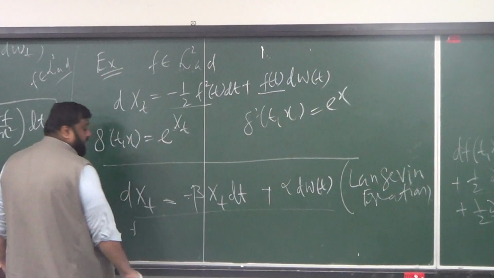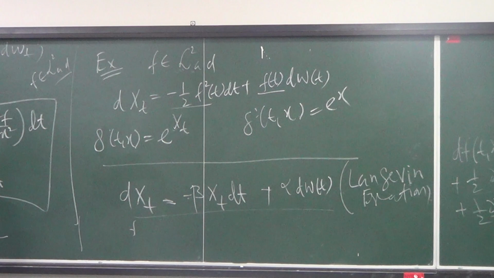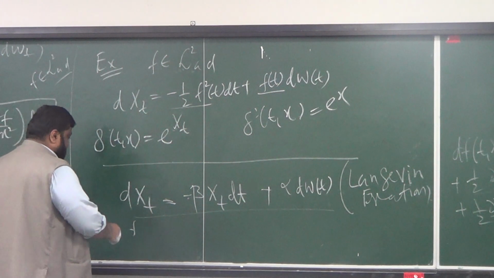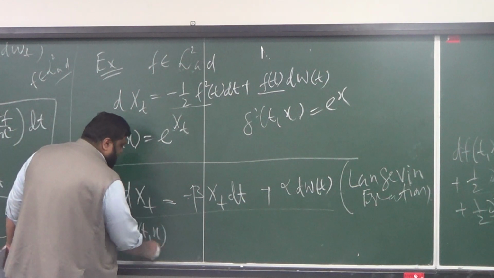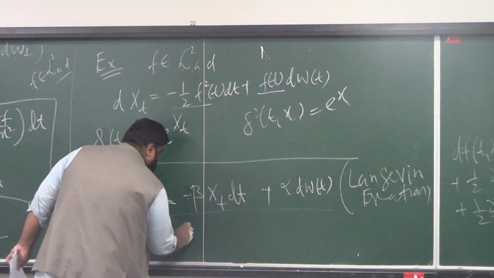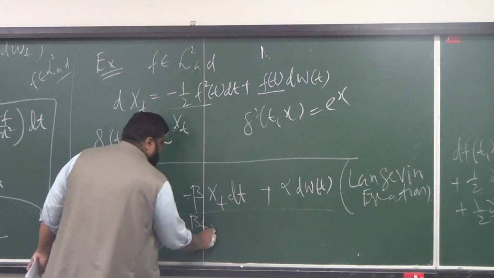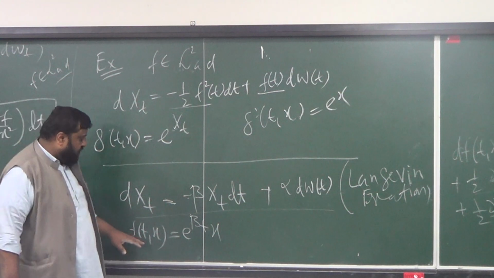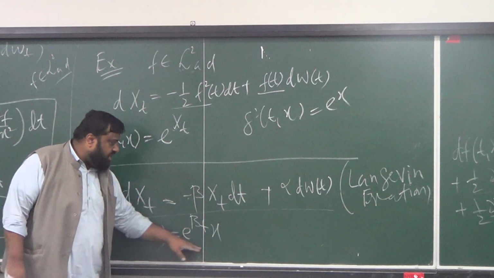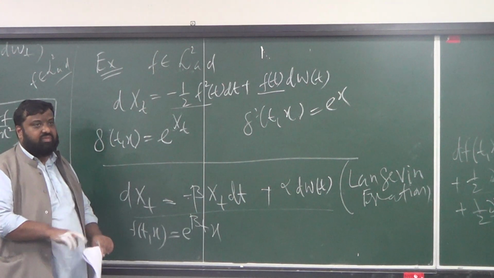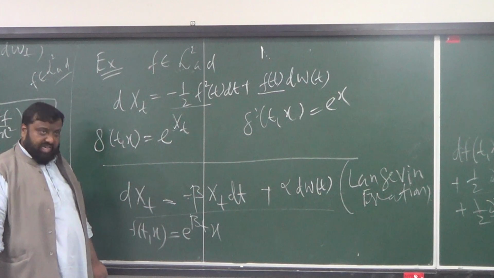And the answer is yes, it has this solution. I'm leaving this for you to verify: if you apply the lemma on e to the beta t times X, in other words, I'm claiming that this is really the solution of the stochastic equation. We apply Ito lemma on this, but X_t is what we have to find, the solution X_t.